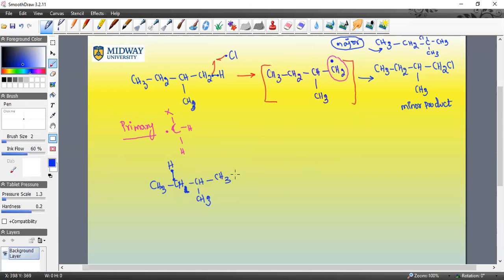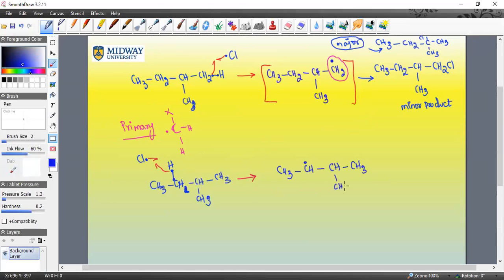So now what happens? Let's go get our chlorine. One of the chlorine dots reacts with one of the electrons, just like how we've been doing. And that leads to CH3, CH dot, CH, CH3, CH3.